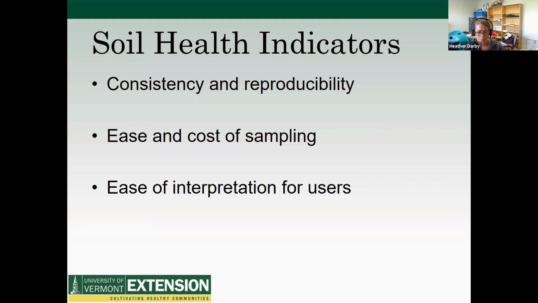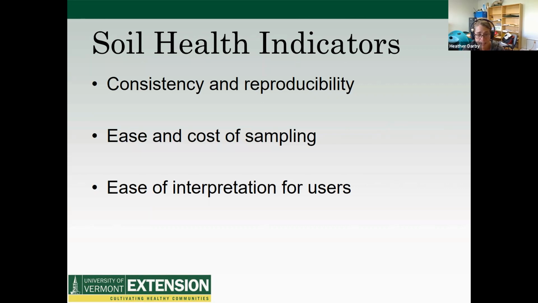Some samples need to be put on dry ice or frozen in a -80 Celsius freezer immediately. All those things are just not realistic for an everyday soil test. So that was really important when Cornell was selecting indicators.